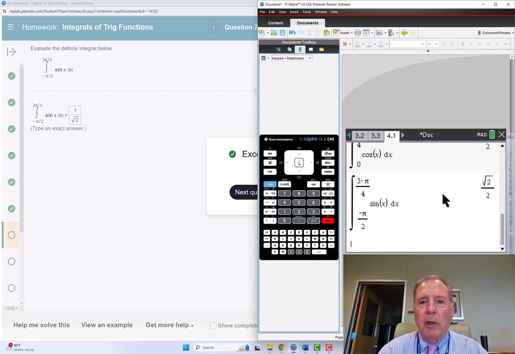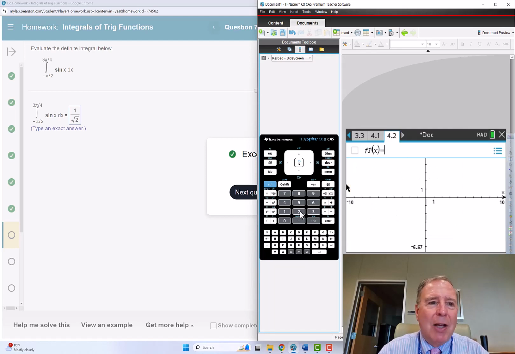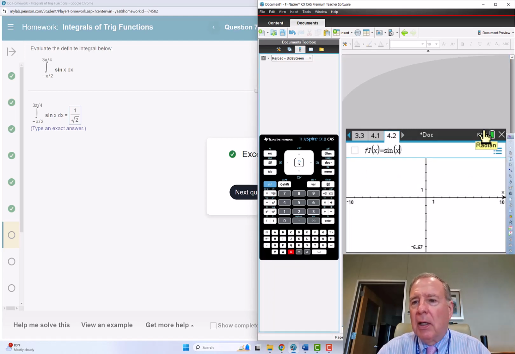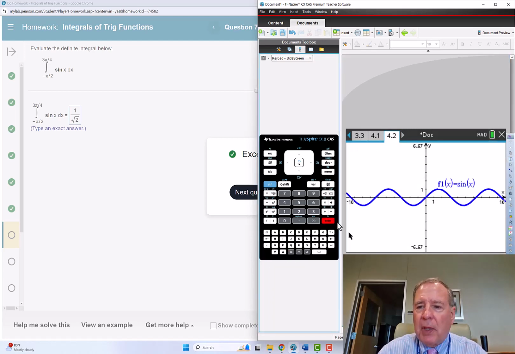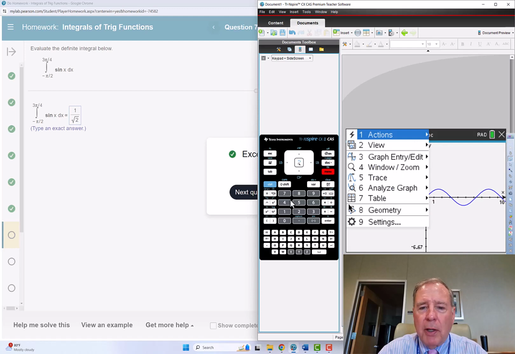Is there yet another way we could do this? Absolutely. I'm going to start a calculator or a graph page. I'm going to put in my function, which is sine of x. I am in radians. And I really do not need this entire part here. So I'm going to rearrange my window.